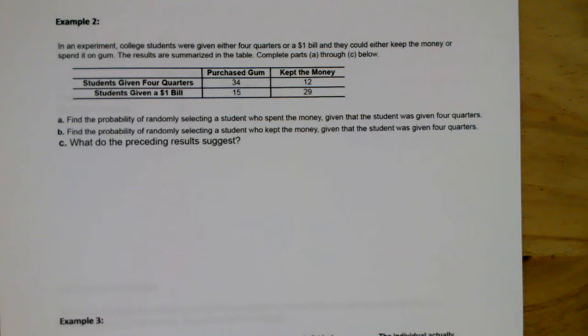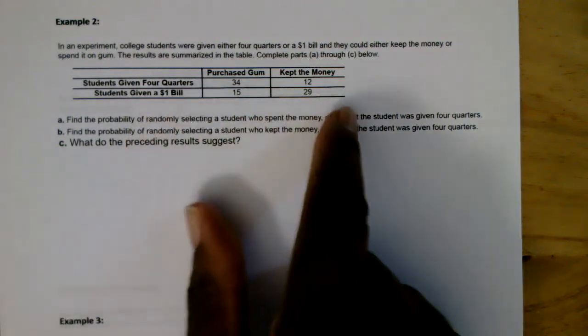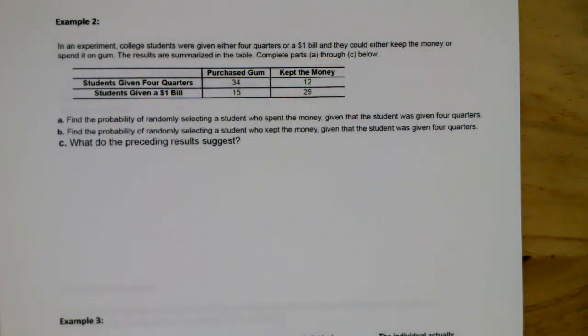The results are summarized in the table. Complete parts A through C below. So here's the table. Now let's look at part A. Find the probability of randomly selecting a student who spends the money given that the student was given 4 quarters.